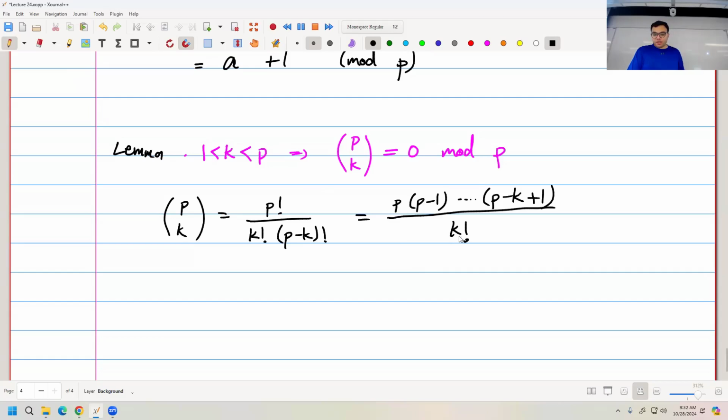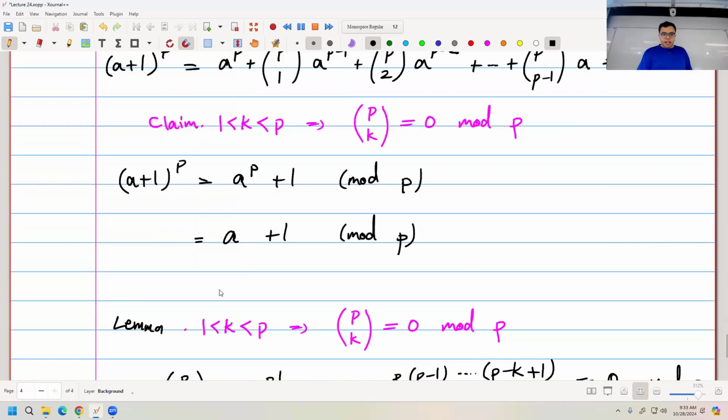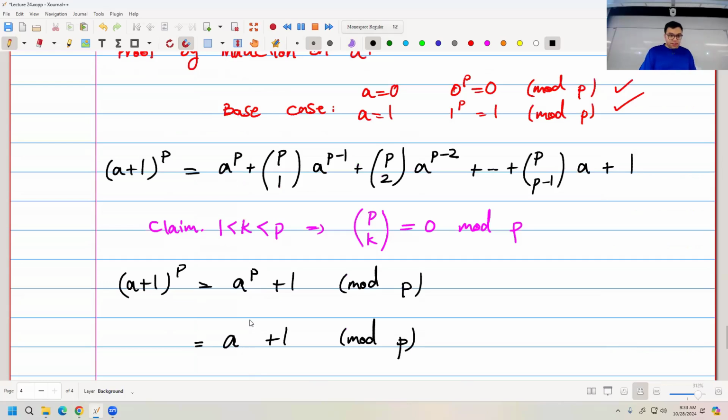If you look at the prime factorization of K factorial, these are all numbers that are smaller than P. I'm multiplying them together. It doesn't have a P in its prime factorization. So whatever this result is, it's going to have a P in its prime factorization, so it's a multiple of P. Okay, great. So now that we have this lemma, now our proof is complete.